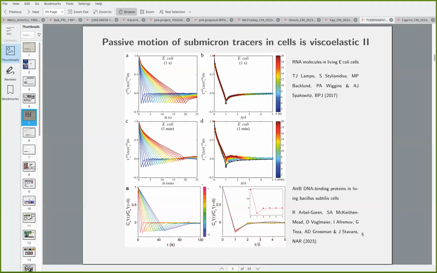These are relatively short trajectories in bacteria cells. You see here for all the bins, it's more or less the same depth. You get the equal master curve, where they go from 1 second to 1 minute time series. You see again the effect that it's receding. And these are very beautiful experiments at the bottom.